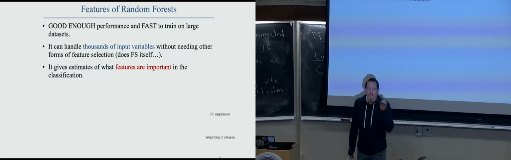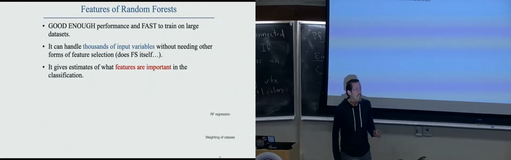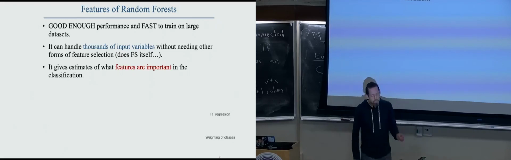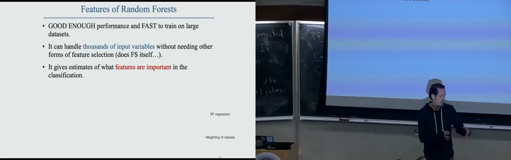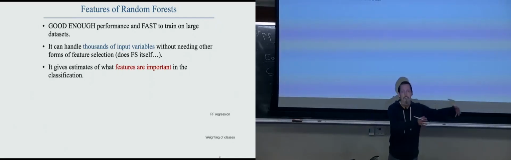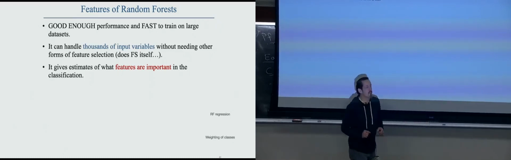It has some ways to estimate the importance of features. It is not nearly as interpretable as a single decision tree. Just think of the question that's going on. A single decision tree is just like, here's the set of if statements that represent the tree. It's easy. But in a forest, you have a bunch of those trees.